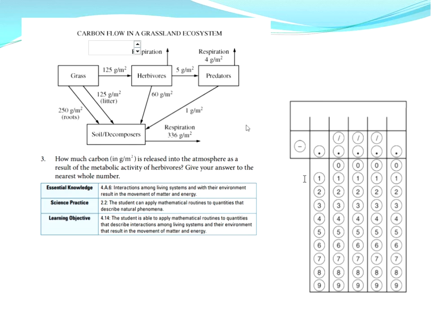So what's left to get rid of for respiration, or the metabolic process that they called it, which would be respiration? Right, good. So you would take the 125 that they're gaining and subtract the 65 that they are losing, and then that leaves 60 left. So that's where the 60 comes from, and that would be the answer.